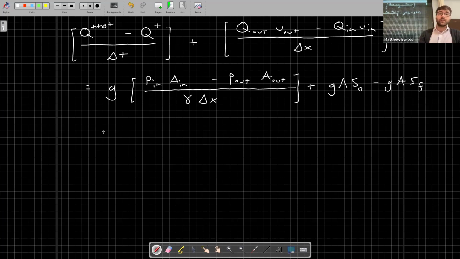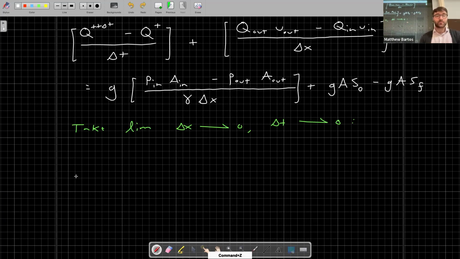And again, just like with the conservation of mass, we're going to take the limit as delta x, the length of the control volume, goes to 0, and delta t, our time increment, goes to 0. And we get the following general equation for the conservation of momentum.